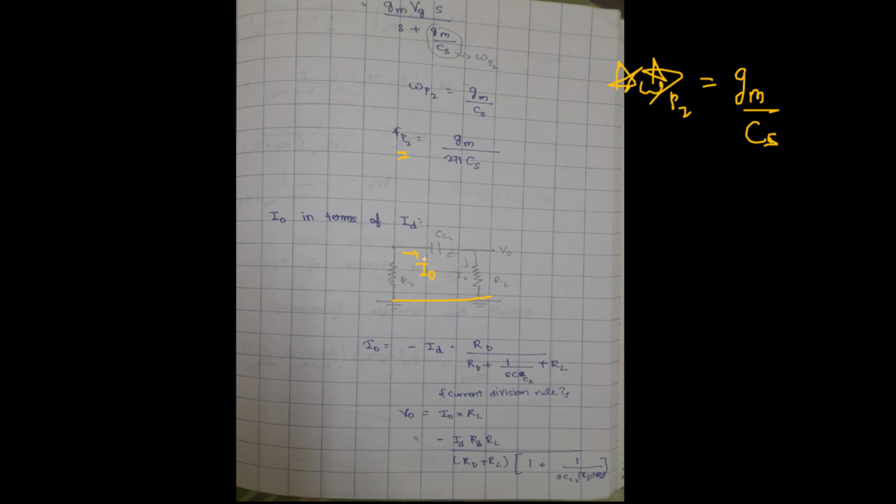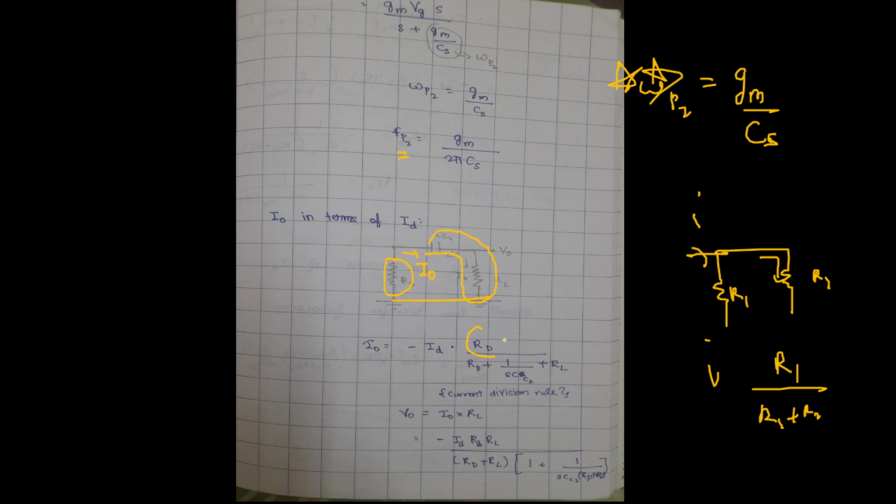Right. In the current division rule, if we have two resistors and we have to find the current flowing through one, let's say R1, R2, we take R1 divided by R1 plus R2 into the original current that was flowing. Since we are trying to find the current that flows through these two, we take this one in the numerator and the entire sum in the denominator.